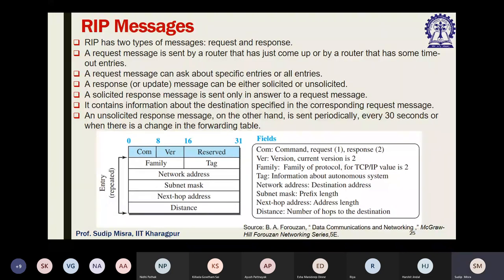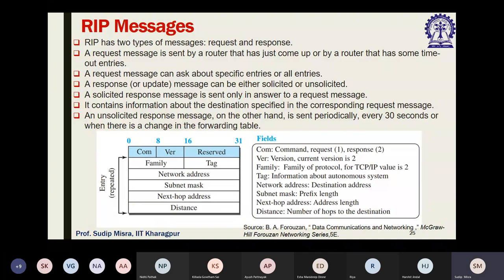Corresponding to a request message, the router is going to get a response message, which can be either solicited or unsolicited. Unsolicited means sometimes the other neighbors feed in different messages to the router. A solicited response message is sent only in answer to a request message.